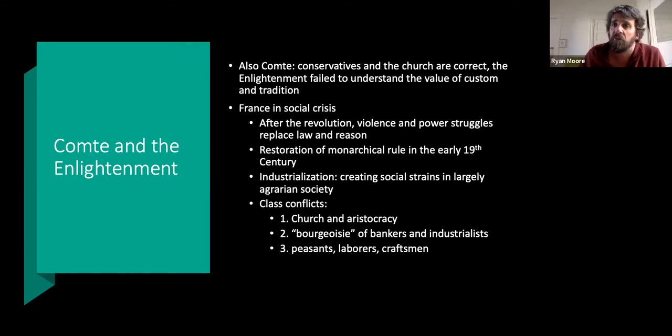And then you have this rising working class that's still comparatively small, especially compared to England, but it's rising, and especially in Paris, this industrial working class will become increasingly revolutionary. And then you also have these craftspeople, maybe shoemakers or people with a particular craft that was being threatened by industrialization.